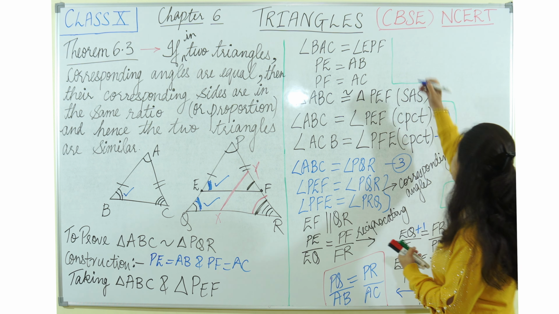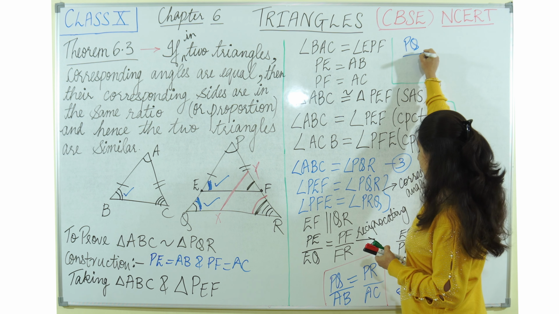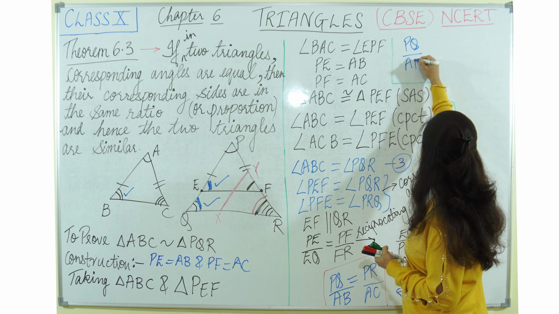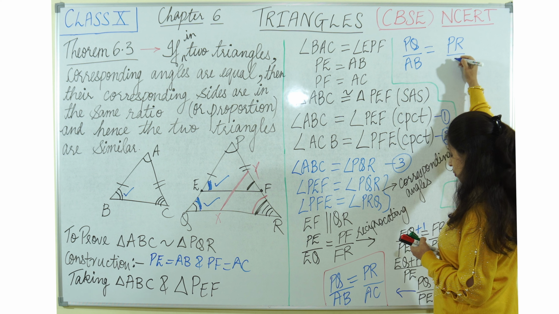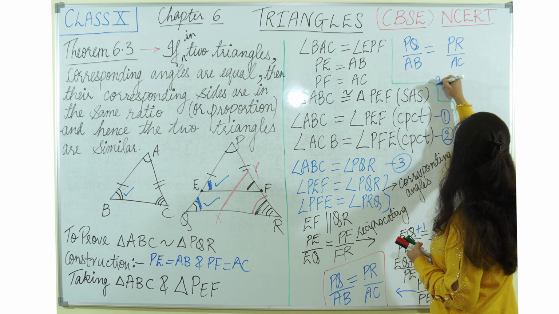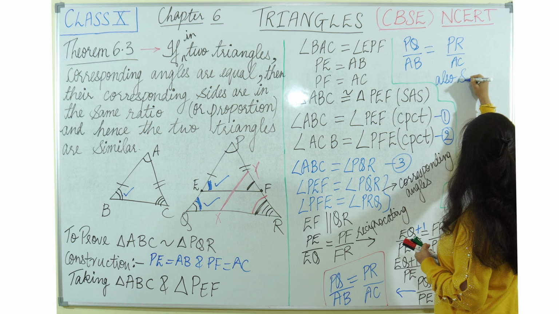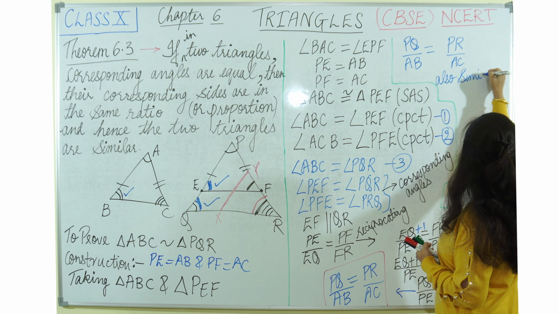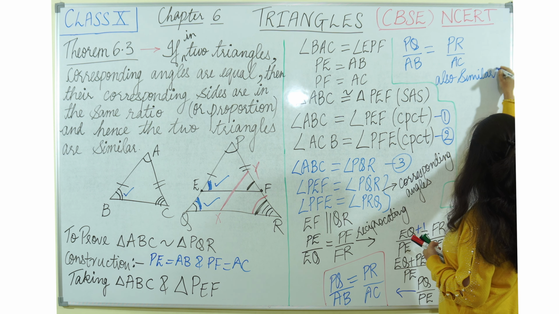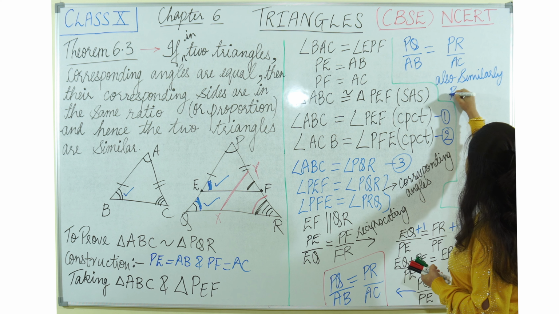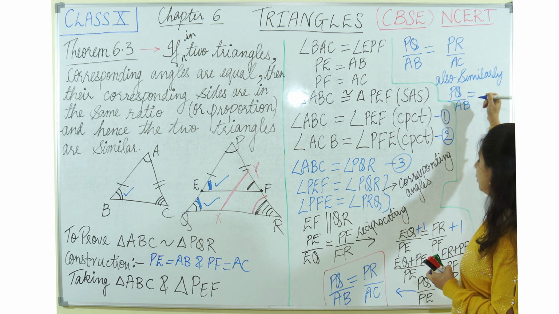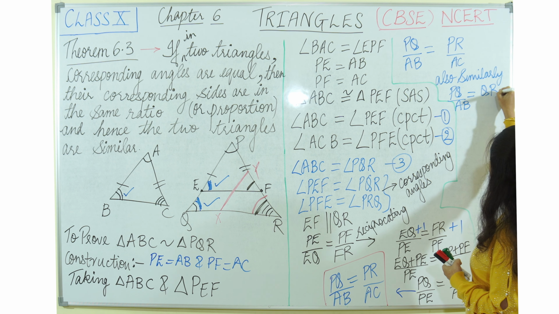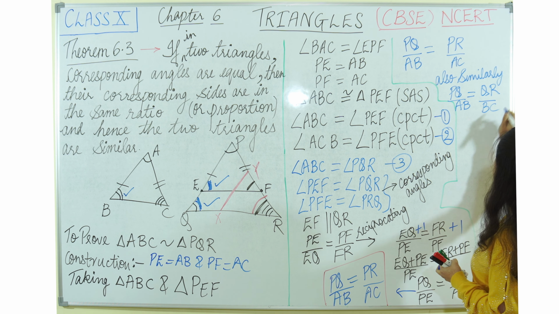PQ upon AB will be equal to PR upon AC. Also similarly, PQ upon AB will also be equal to QR upon BC.